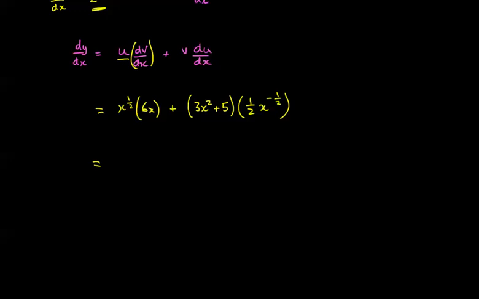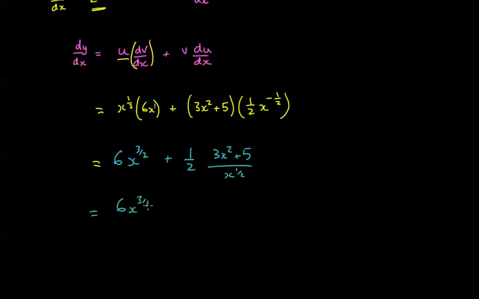So here I'm going to do x to the power of a half times x to the power of 1, so add those, that's 1.5. So 6 x to the power of 1.5, or 3 over 2, plus, I'll put a half here, and x to the power of minus a half puts the x into the bottom, so it's 3x squared plus 5 all over x to the power of a half. Actually, let me clean this up even more.